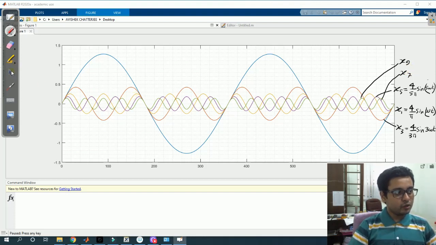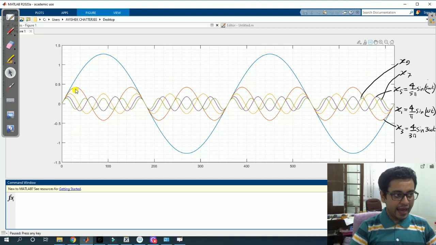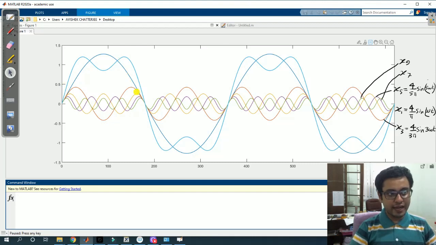Now if you add x1 and x3, then the result will look like this. This is 4 by pi sine omega t plus 4 by 3 pi sine 3 omega t. Now let me add x1, x3 and x5 together.